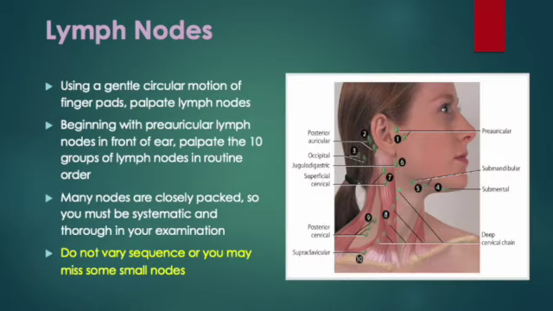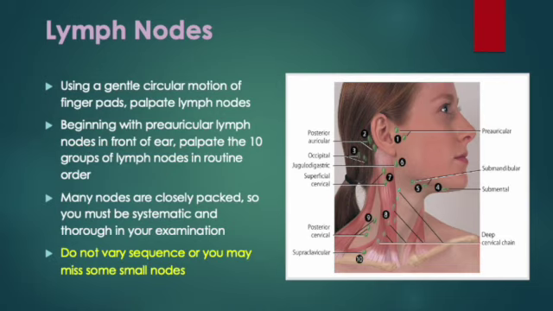This slide demonstrates the progression of lymph node assessment. You always start with preauricular, move to postauricular to occipital. Most people then move to submental to submandibular to jugular-digastric. But if you decide to go jugular-digastric, submandibular, submental, that's fine as well. But it is a good progression the way it's shown here.